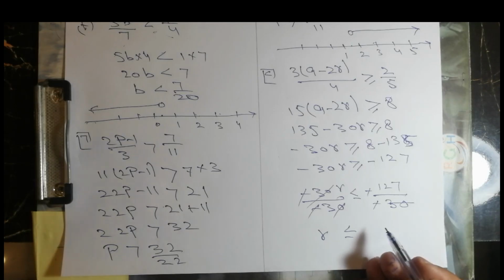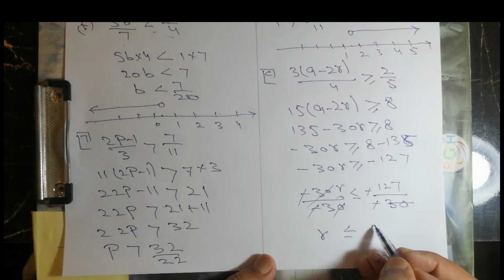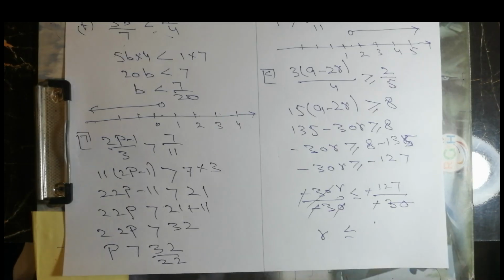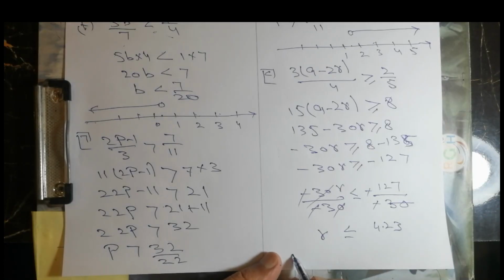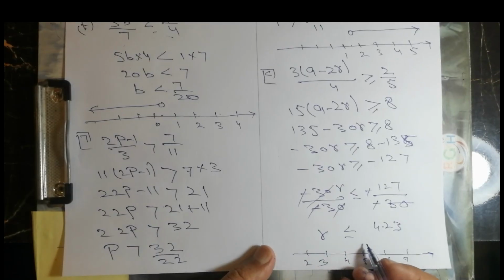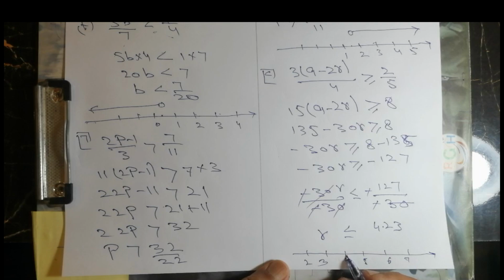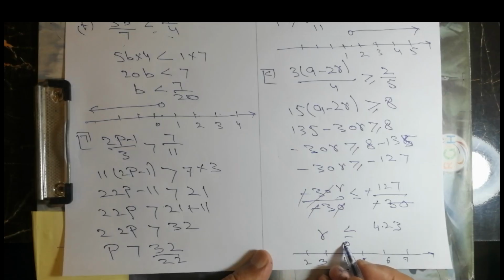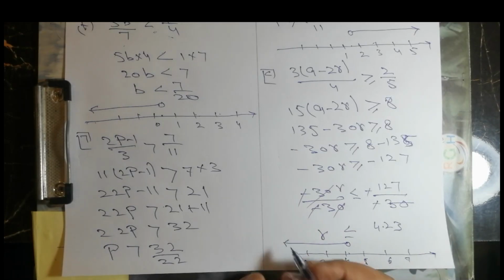This is 4.23. We can write 4.23, and on the number line, this is the number line, 4, 5, 6, 7, 3, 2 and so on. So 4.23, this is 4.23, and we take the less than side. So this is the answer.